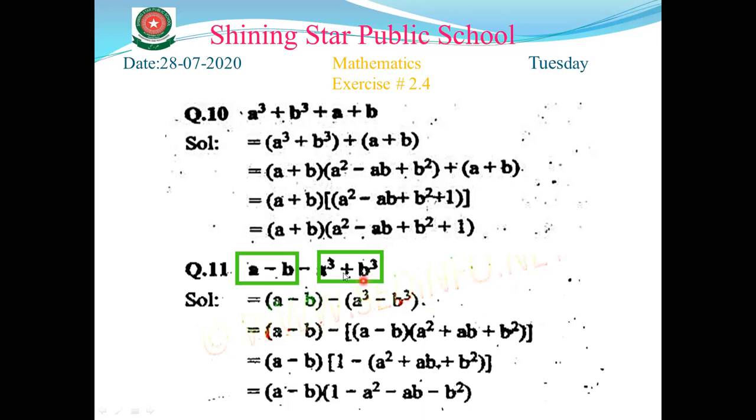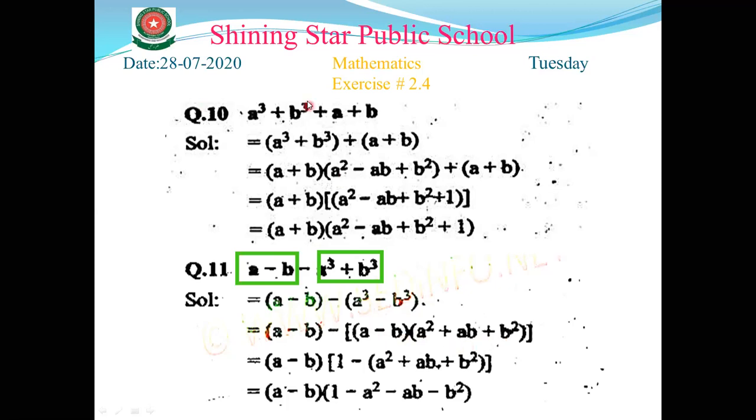So now we open the formula of a³ minus b³. a³ minus b³ is (a minus b)(a² plus ab plus b²).